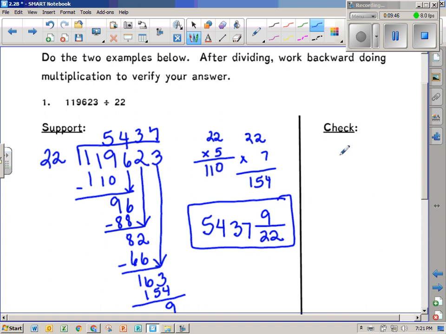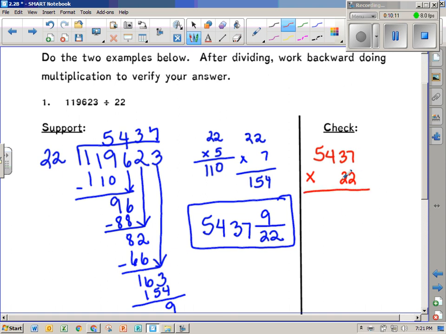So to check it over here, we'll change colors, we need to multiply 5,437. So I'm just taking the quotient part without the fraction. I'm going to multiply it times my divisor, 22.